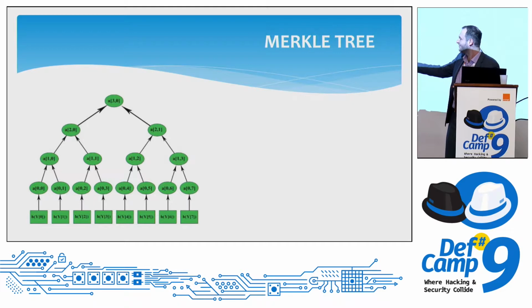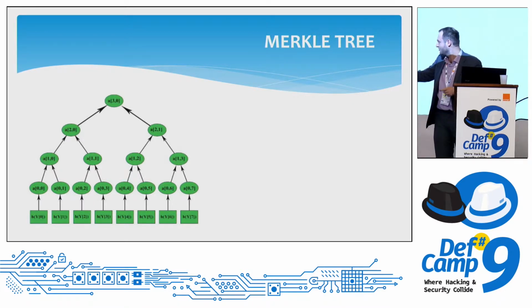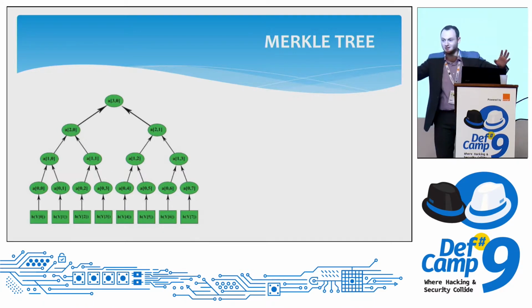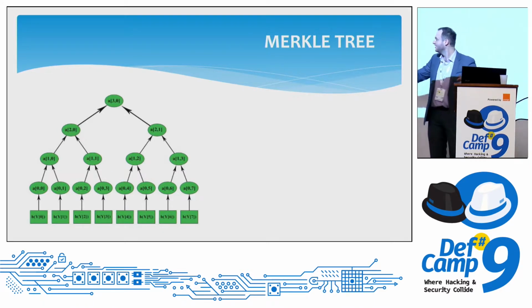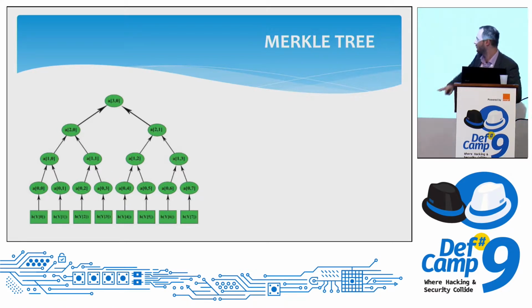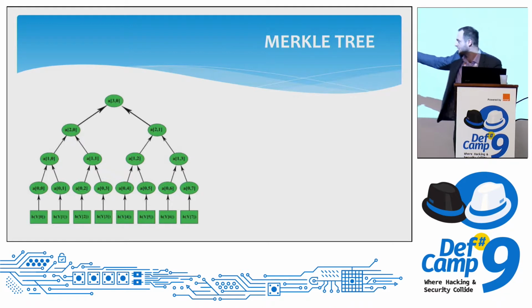And here A10 is the concatenation of these two, hashed. Afterwards, we calculate this one in the same way, the concatenation of these two, hashed, and like this we go up, up, up, and here is the pub, our public key.